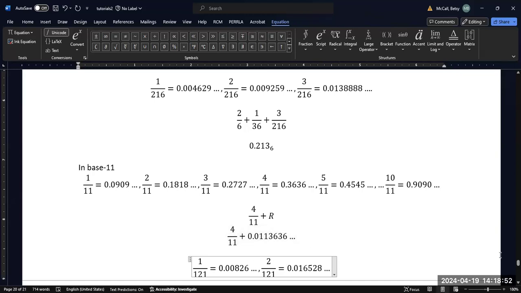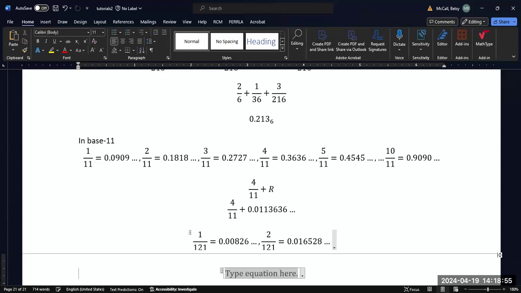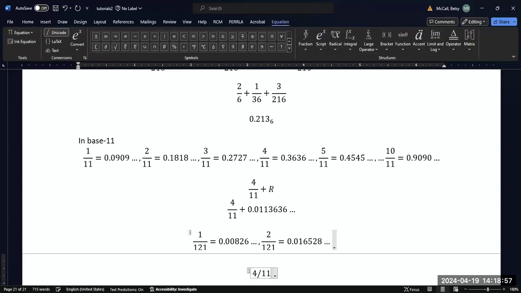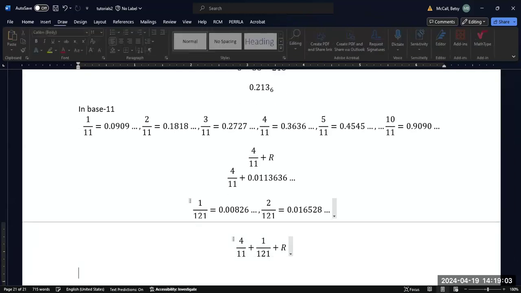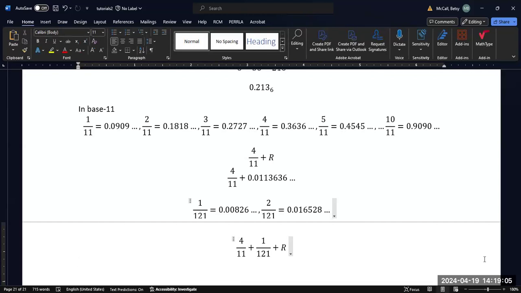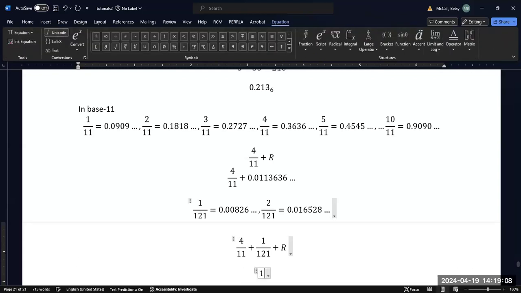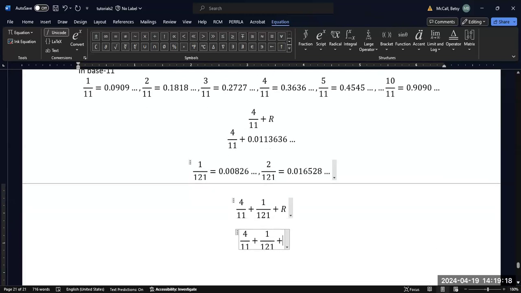So I'm going to need just one copy: 4 over 11 plus 1 over 121 plus what's left. So 0.375 minus 4 over 11 minus 1 over 121.